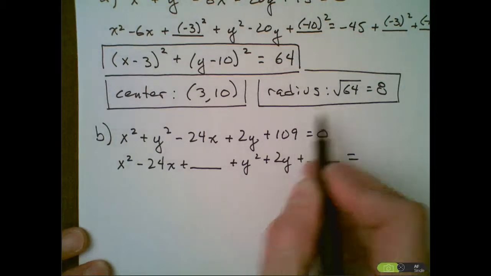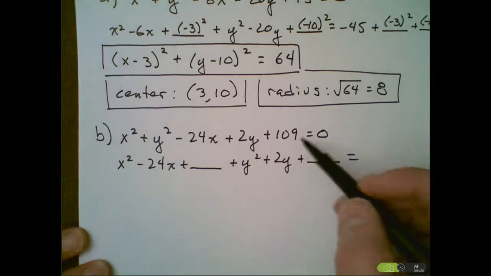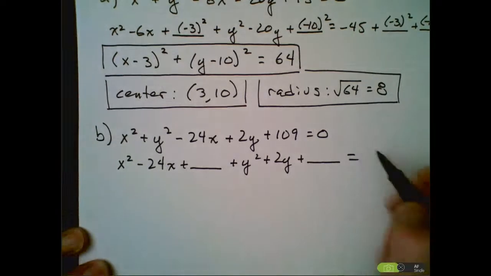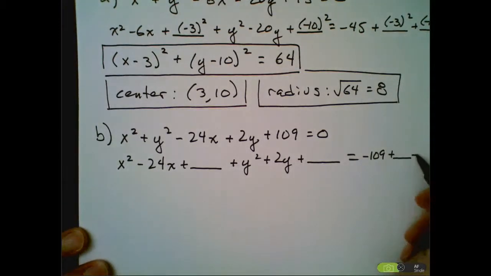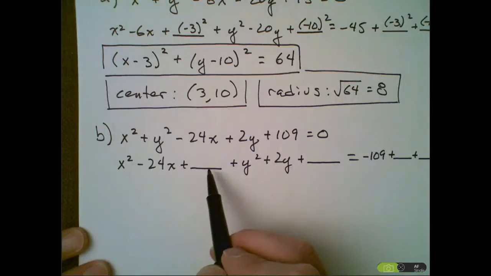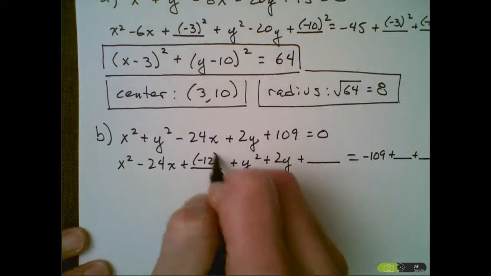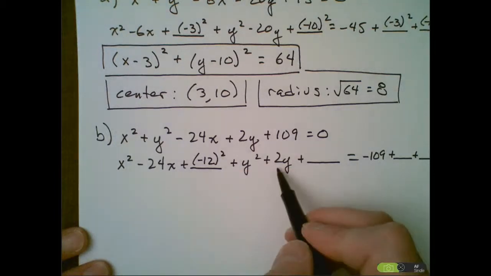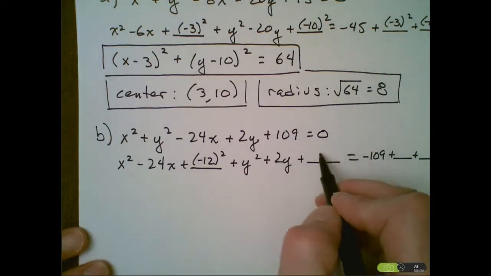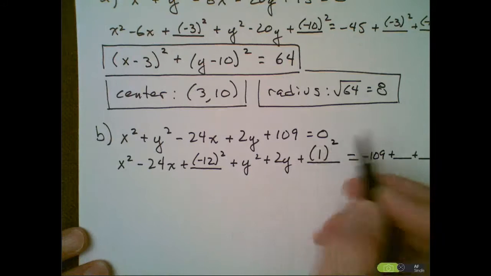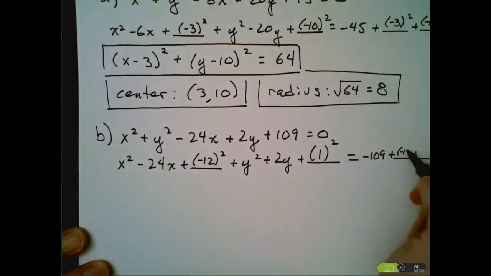Take my constant, move it over to the other side. So again, we're just subtracting 109 from both sides, so that's minus 109, and then plus our two additions on the left. So this space here, I'm going to take half of the x term, so that's negative 12, and square it. I'm going to take half of the y term, so half of 2 is 1, so 1 squared. So I put a negative 12 over here, squared, and a 1 squared over there.